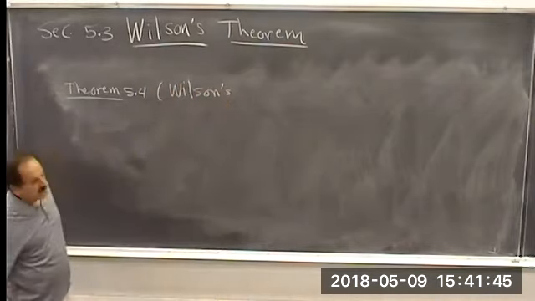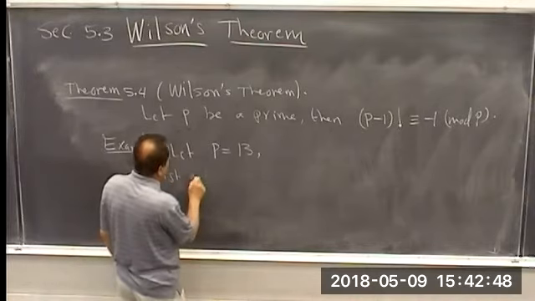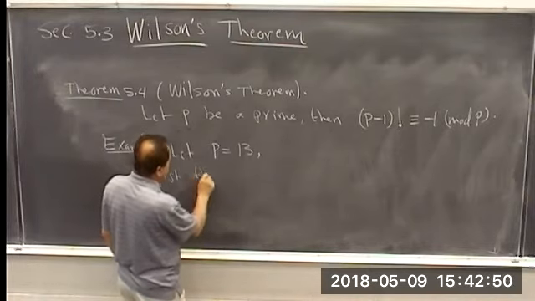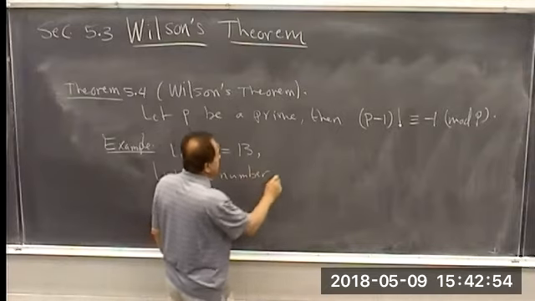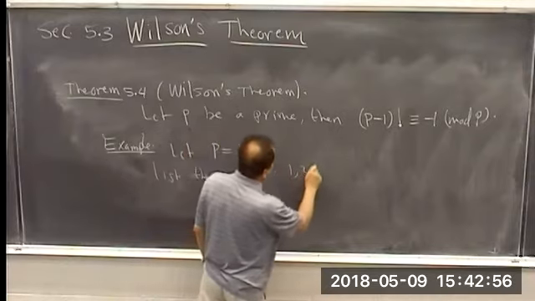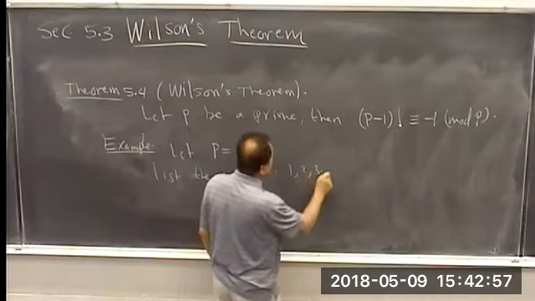So we're going to make a list of all these numbers: 1, 2, 3, up to p minus 1, which is actually 13 minus 1.